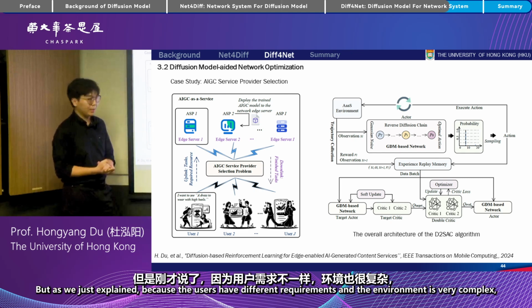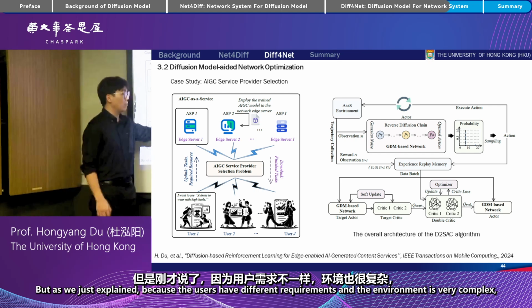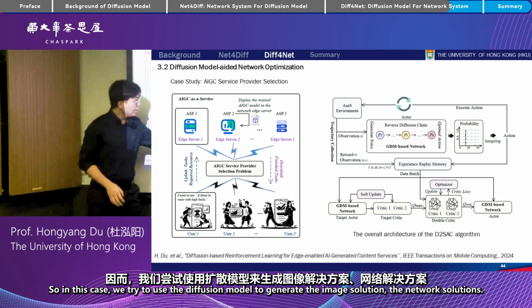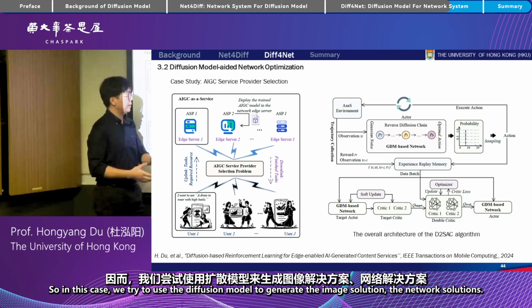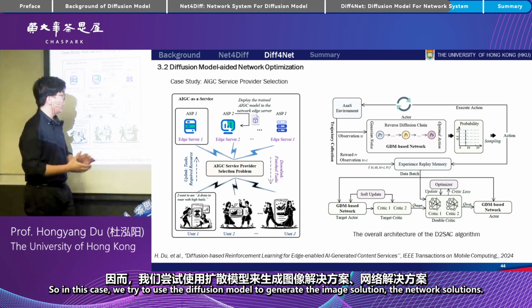So reinforcement learning can be used to solve this problem. But as we just explained, because the users have different requirements and the environment is very complex, the performance of reinforcement learning may not be that good. So in this case, we try to use the diffusion model to generate the network solutions.